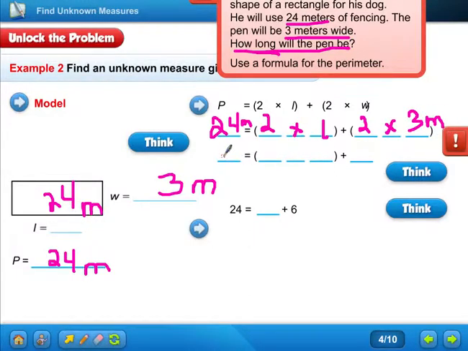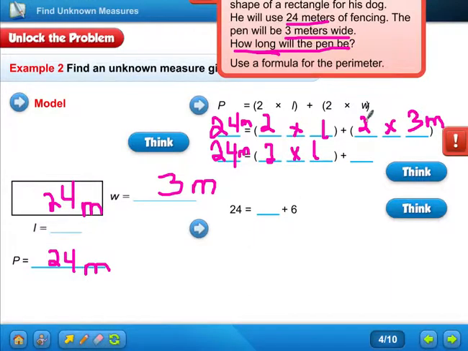So now, let's start combining things. We have 24 meters. 2 times length, because we still don't know our length.